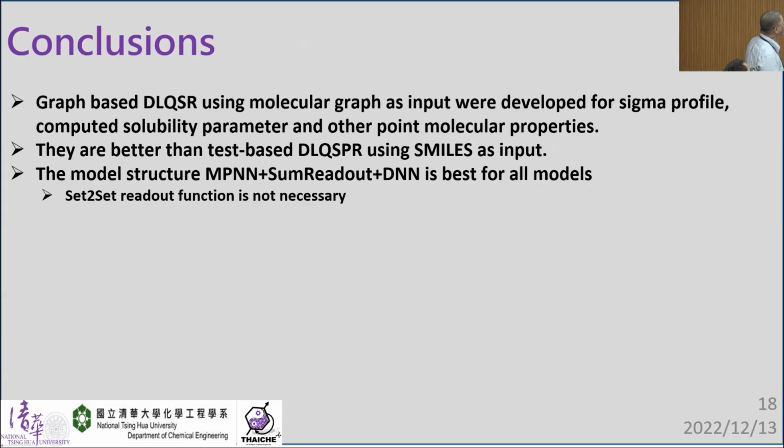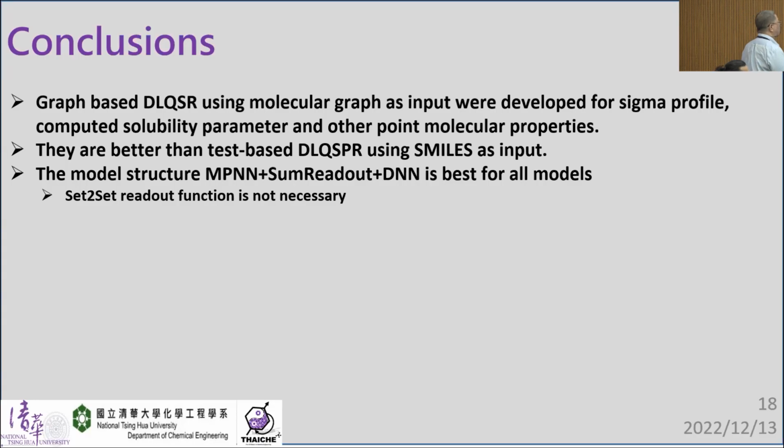So, to conclude, we have developed a graph-based deep learning QSPR. We use the molecular graph as our input, and we can predict sigma profile, solubility parameters, or other molecular property predictions.